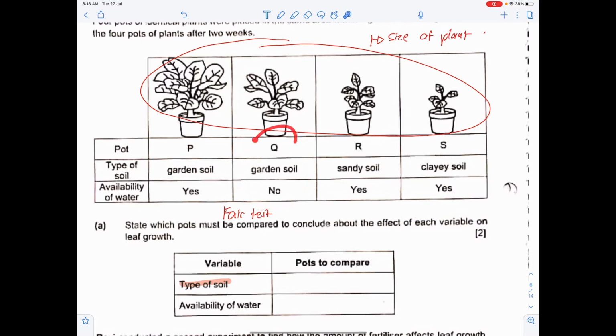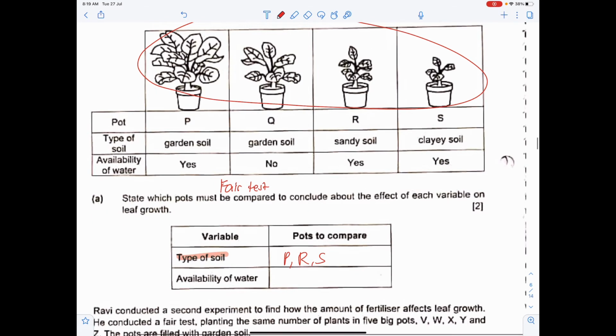It cannot be Q. Q is wrong because you're not giving Q water. You are introducing another change variable besides the type of soil if you select Q as well. So therefore the answer should be P, R, and S.